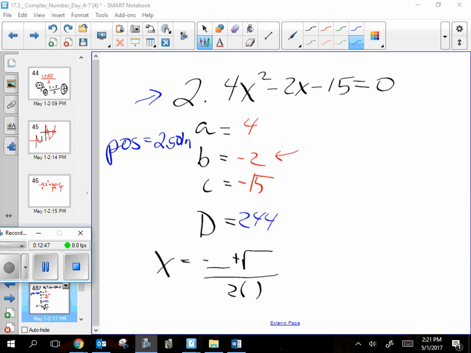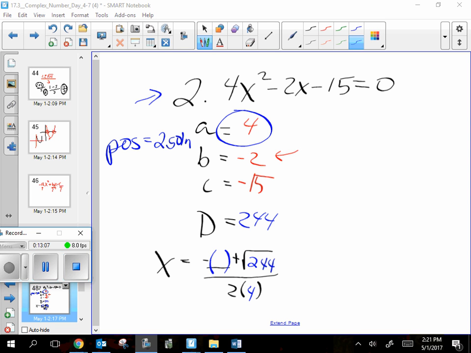That's where B goes. And this is the 244 because we already figured out that b squared minus 4ac part. Focus. These numbers, put them in on your sheet. And lastly, it's all over 2a, and the a here is 4, so I'm putting a 4 there.